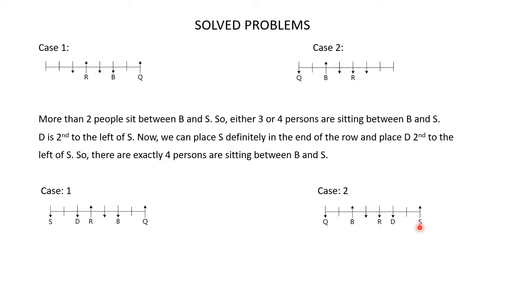So if S is facing north, then second to the left of S will be this position for D. So the positions of S and D will be like this in case 2.